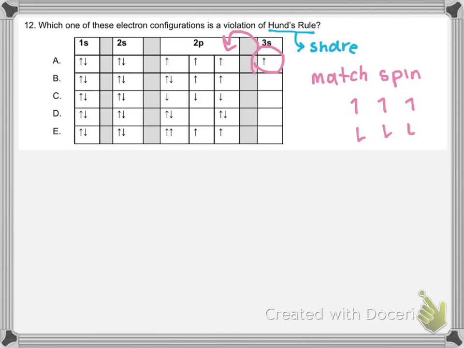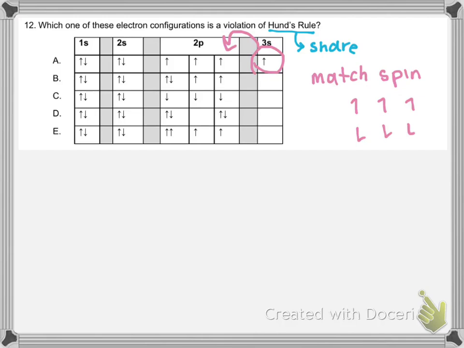So Aufbau's principle is the idea that you start from low and move higher when you're filling out electrons. So then answer choice B looks like that's the ground state of our element. Answer choice C seems fine. Also looks like a ground state.